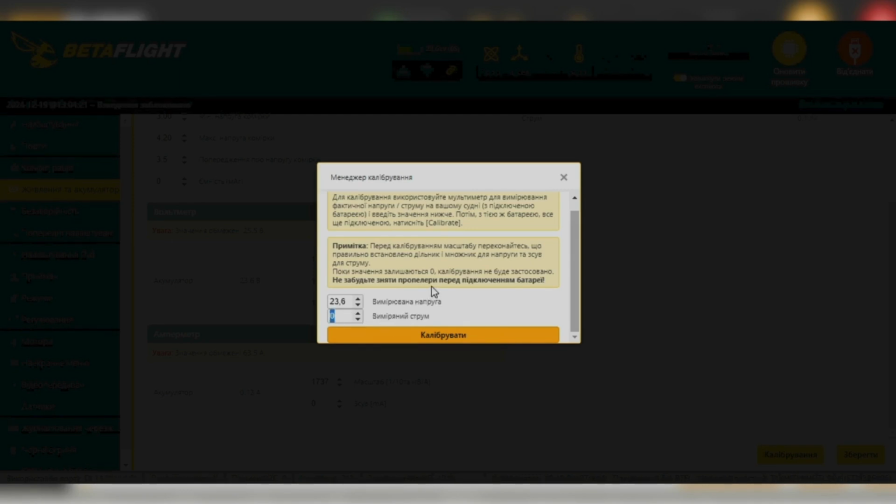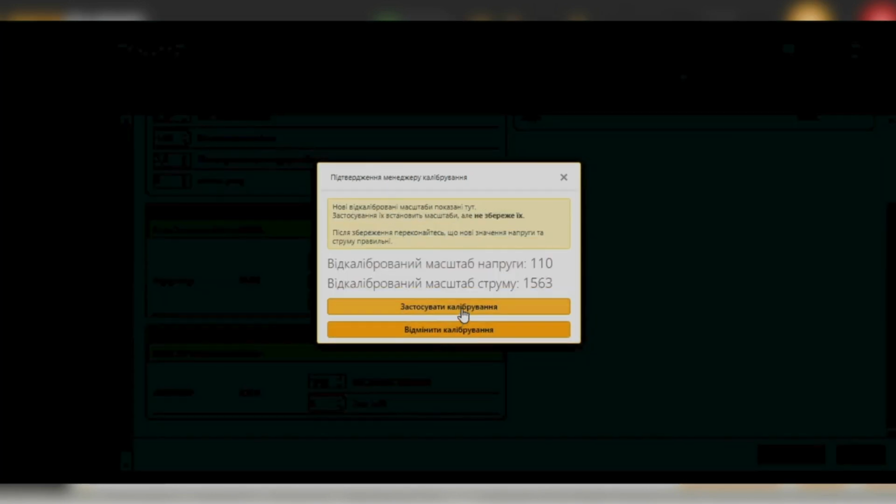For voltage, enter the value measured by the voltmeter. For current, input the value measured by a multimeter or wattmeter. Then click Calibrate and use calibration.